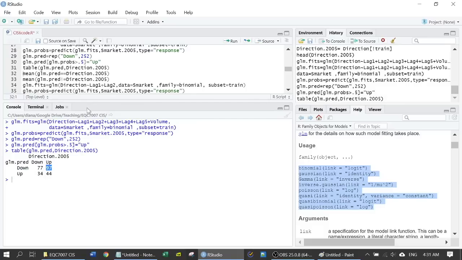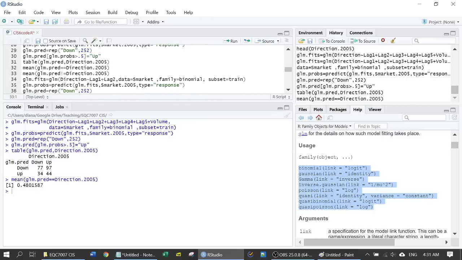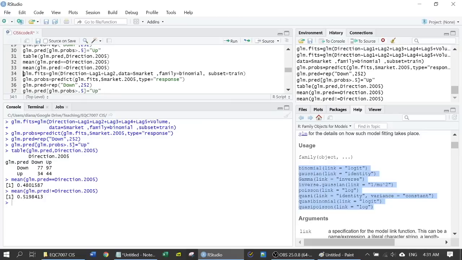Next, we want to know the correctly classified proportion, which is 48%, which is low, because you can correctly classify only 48% of the time. And the misclassification rate is 51%.